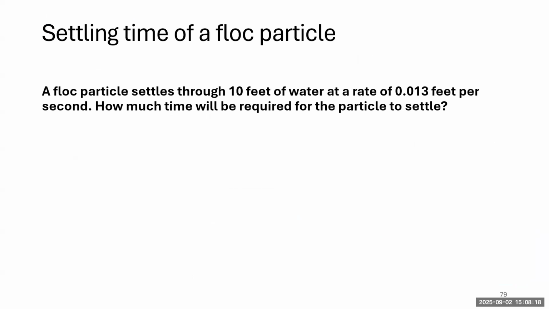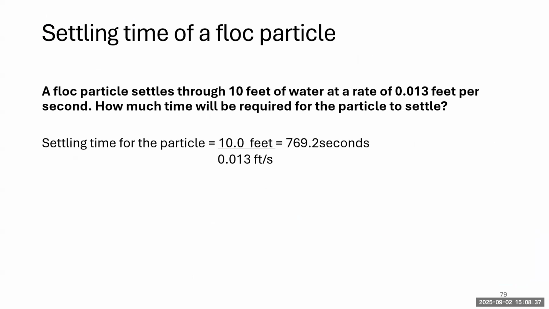I'll give you an example of how long it might take for a particle to settle. Here's a particle. It has to settle through 10 feet of water. So this sedimentation basin has a depth of 10 feet, and it's settling at a rate of 0.013 feet per second. How much time would be required for the particle to settle?